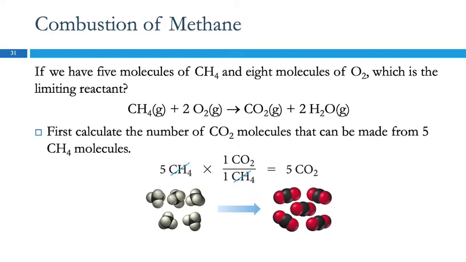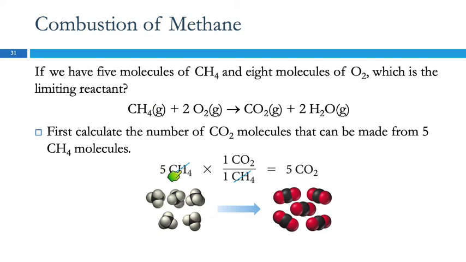Well, we can do the same thing we did with the pizzas. So we have 5 methane molecules, and we can see, well, how much product could be made? Now, this one has 2 products. You can just pick one of them, but you need to use the same one for everything. So let's just look at CO2 since it's the first one. Let's calculate how much CO2 can be made from the amount of methane that I have.